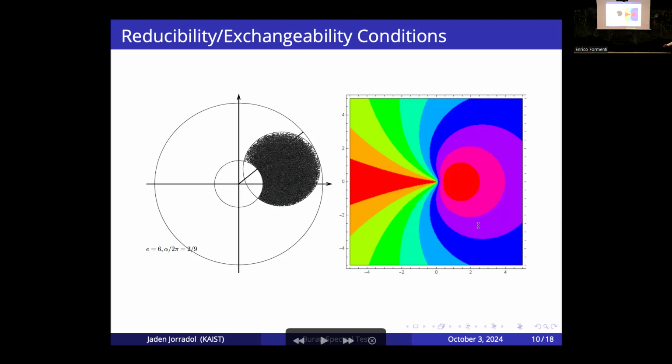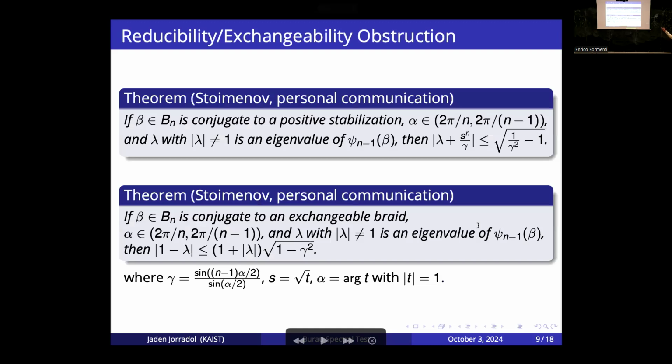So the obstruction here is, if you find some eigenvalue that is outside of this zone, the closed space here, it creates an obstruction, which tells us that the braid is irreducible, or in the second case, the braid is not exchangeable. If the braid is irreducible and unexchangeable, then it communicates to us that the knot that is formed by the braid closure is some fundamental knot that cannot be undone in some cases.